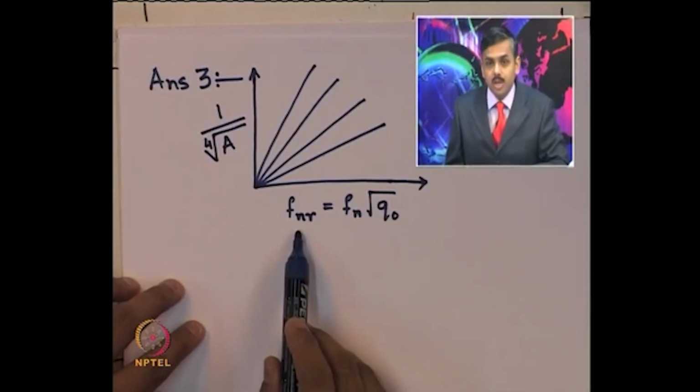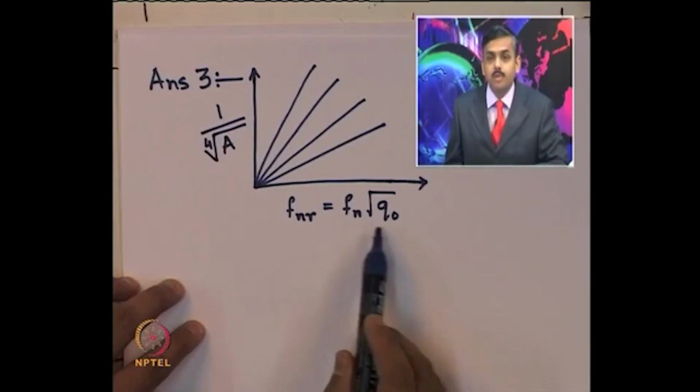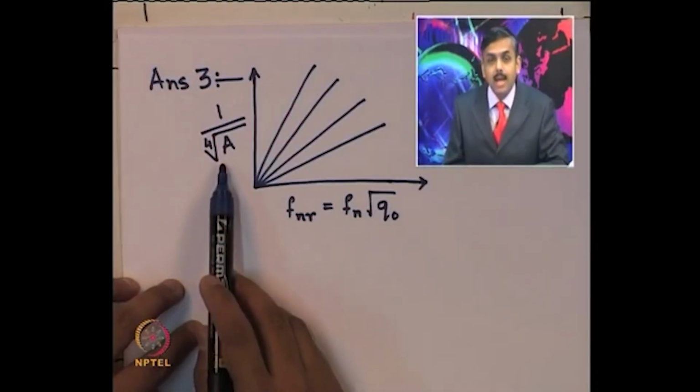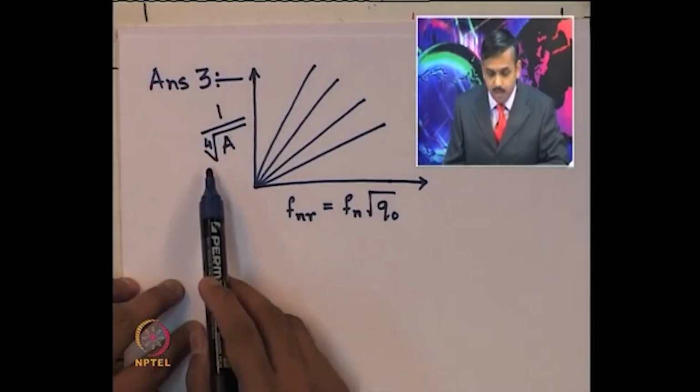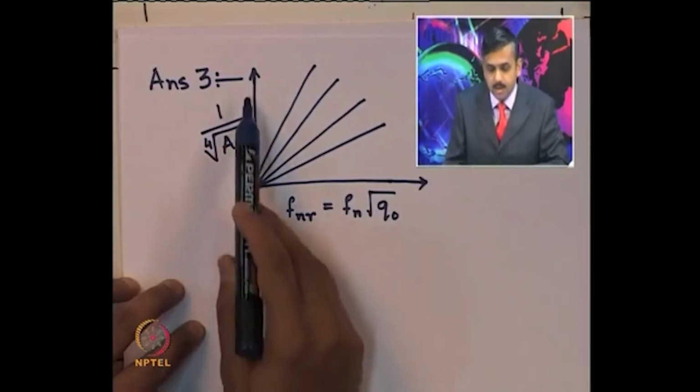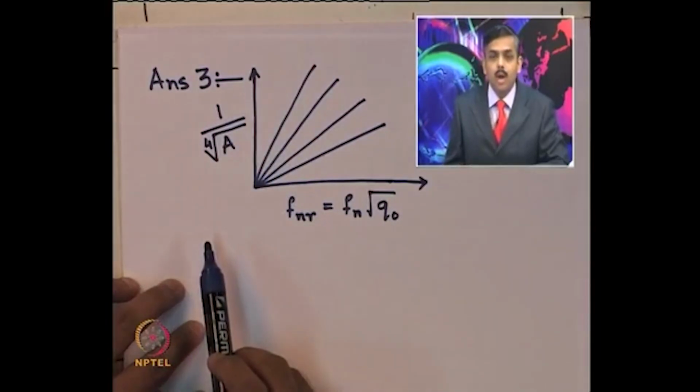This is the reduced natural frequency in the x axis, which is nothing but the natural frequency times root over q naught. q naught is the uniform pressure below the machine foundation, and A is the cross sectional area of the machine foundation. 1 by 4th root of that A in linear scale is in the y axis.